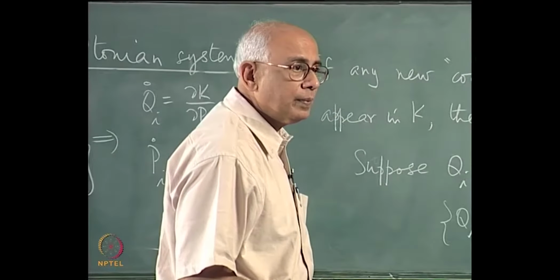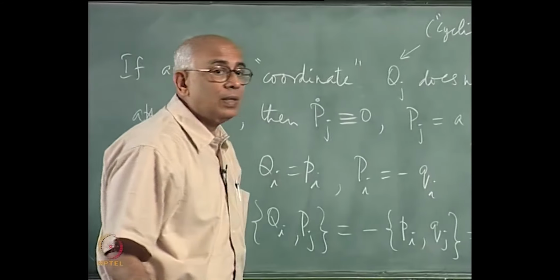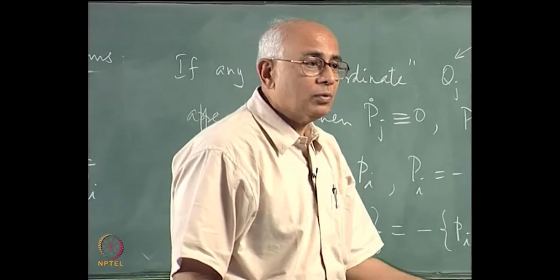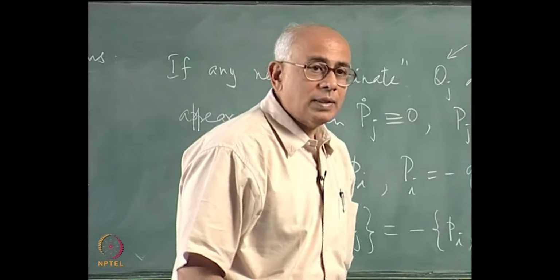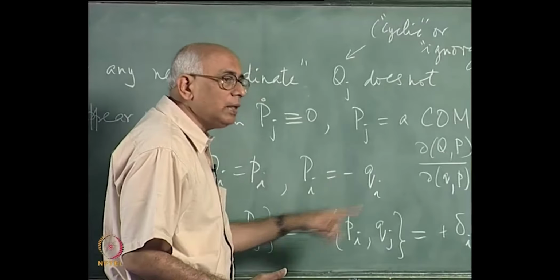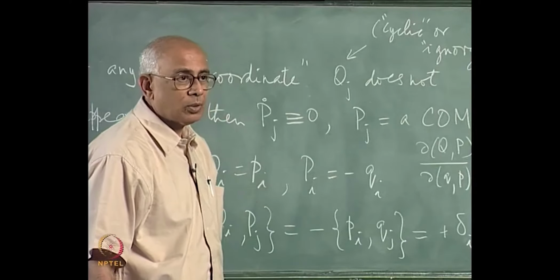Does this new system have any physical relevance as well? It is as valid a system as the earlier one. In other words, if you solve the original thing, you have solved this one too. So as it is, it does not mean anything, it does not tell you anything, but it gives you a certain symmetry of Hamiltonian systems which is going to be crucial in solving such Hamiltonian systems.